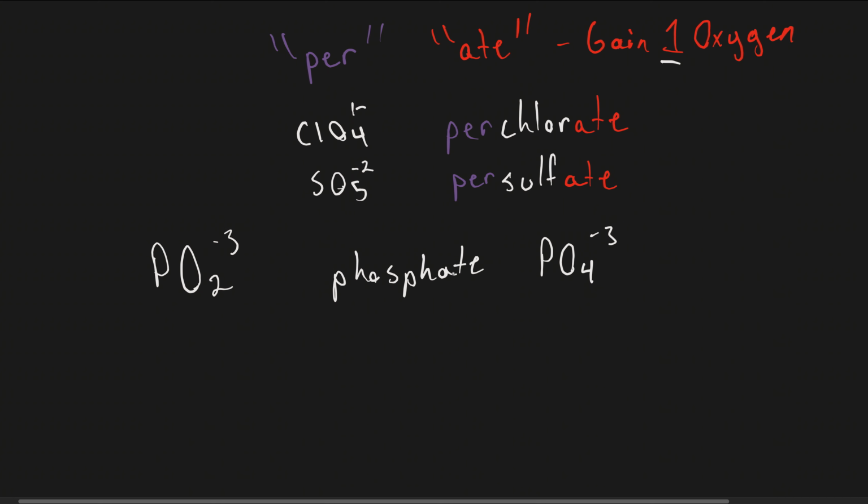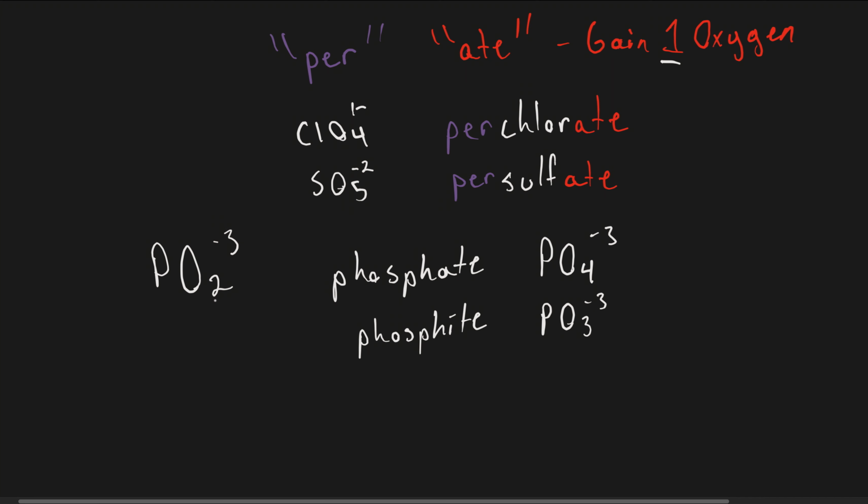When we lose one oxygen, it becomes phosphite, and we still have the -3 charge. So this is phosphite.